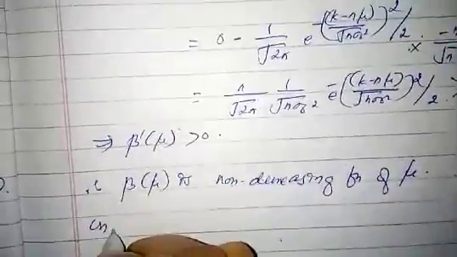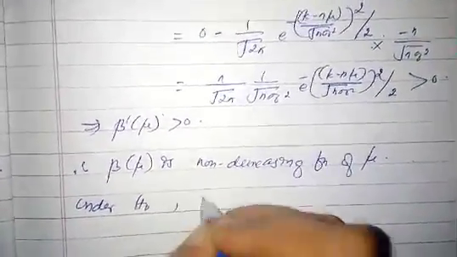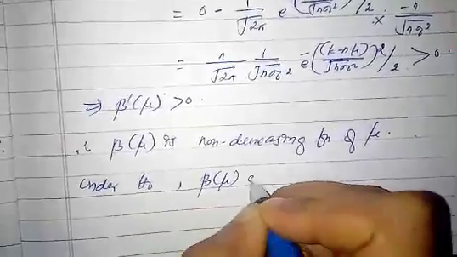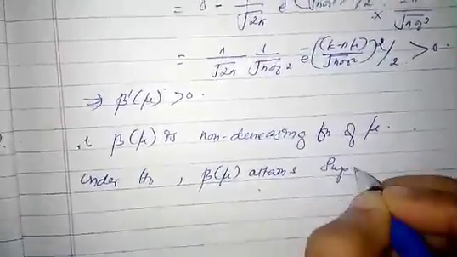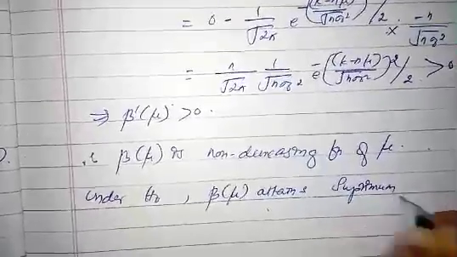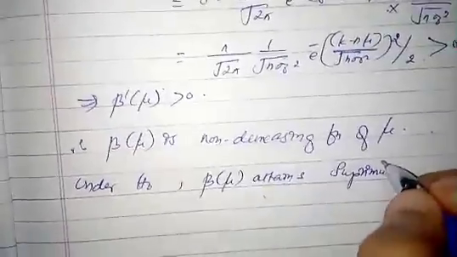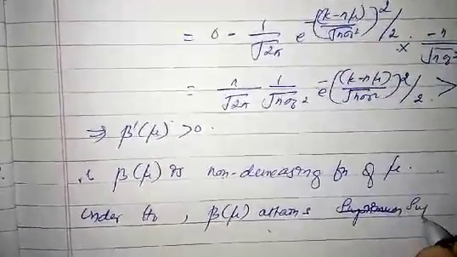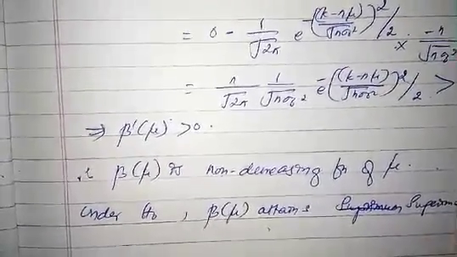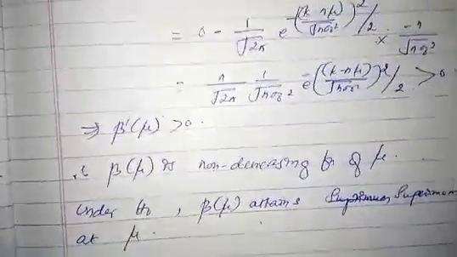Then under H naught, beta of mu attains its supremum at mu equal to, for which value?